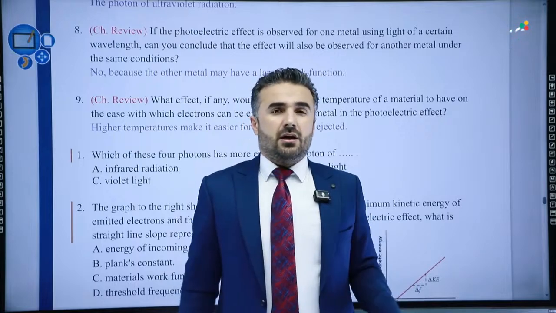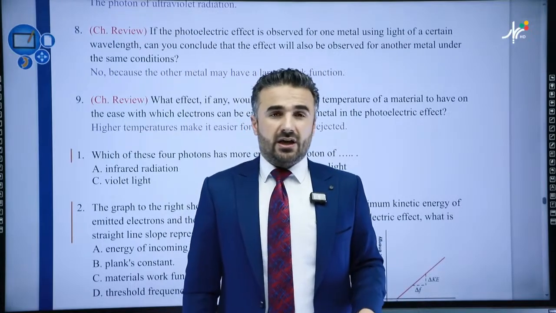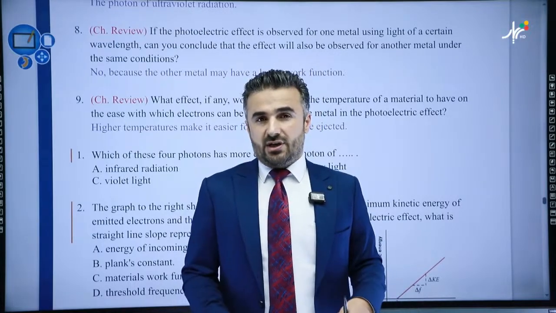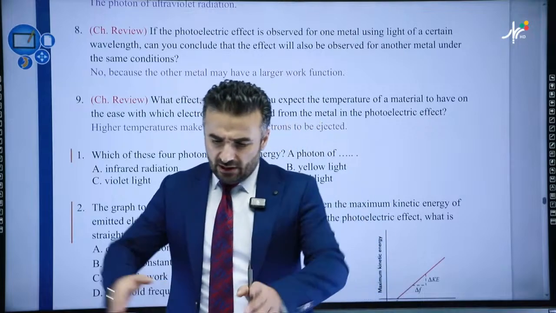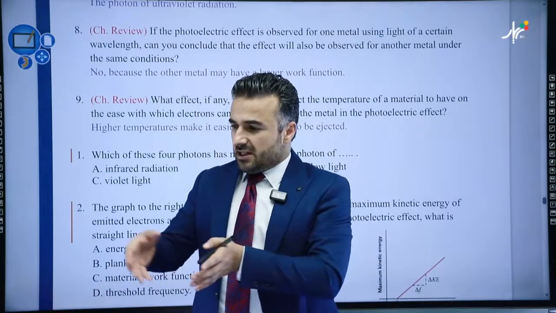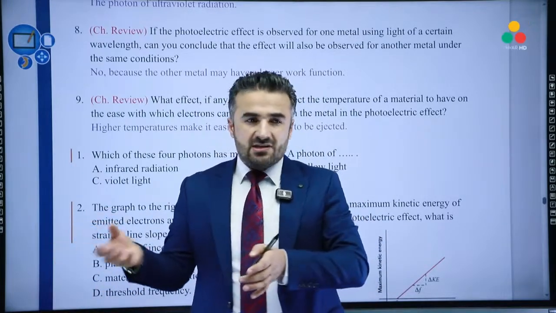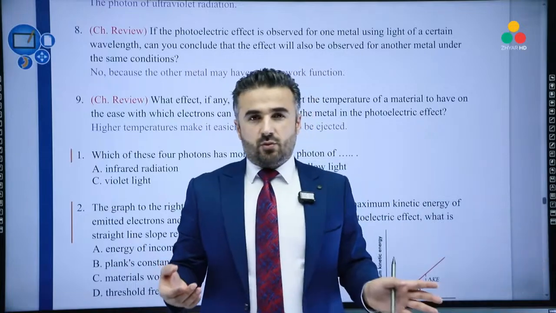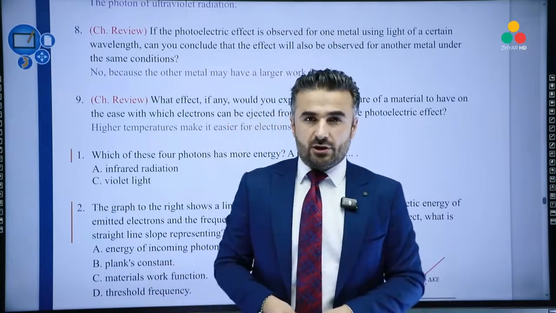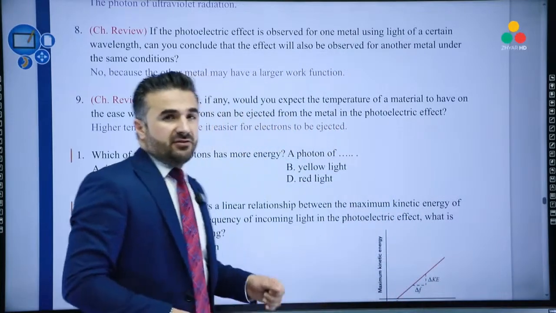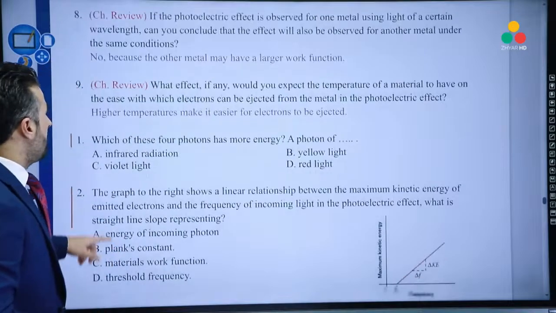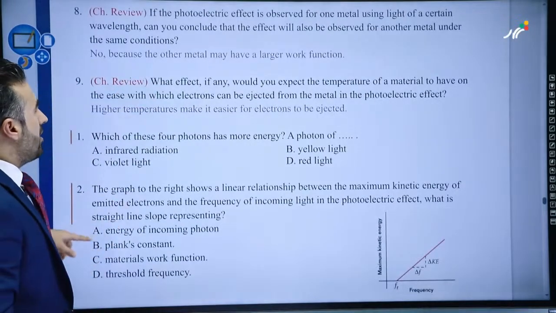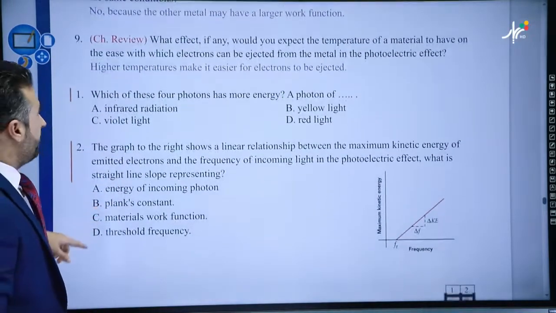In that case, no photoelectric effect will take place, or no electron will be ejected. So not necessarily when the photoelectric effect takes place for one metal, we can say that it happens for other metals as well, because they have different work functions, or you can say they have different threshold frequencies. Okay, so the answer is no, because the other metal may have a larger work function.